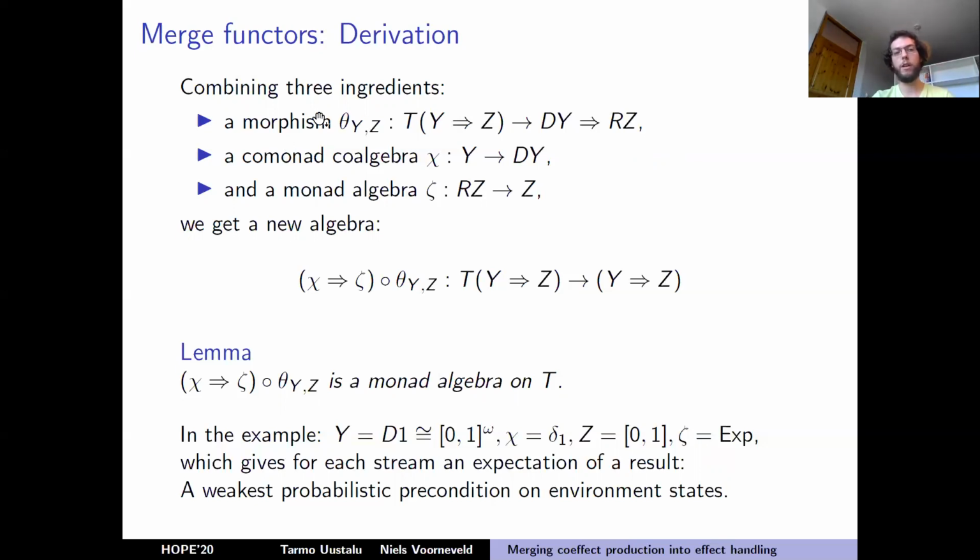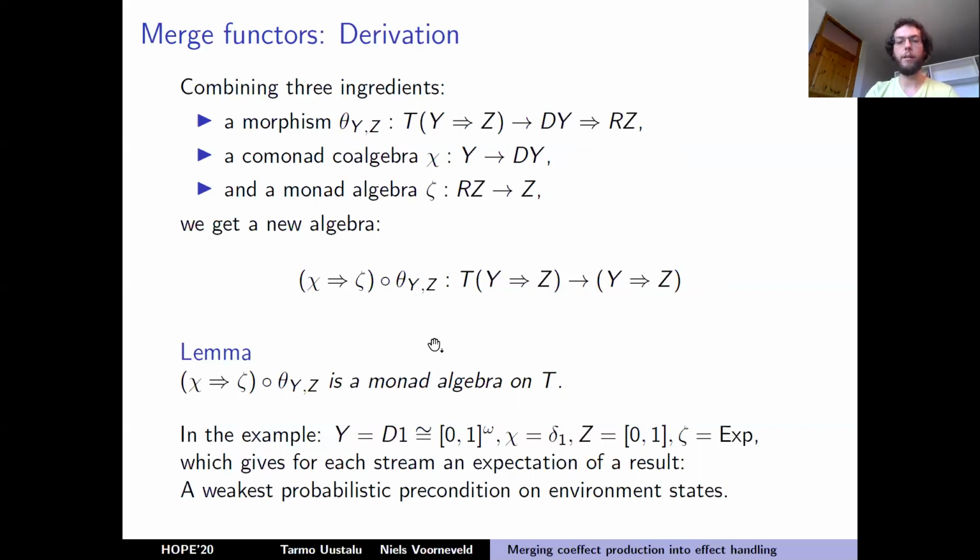So in this case, we have a specification of the interaction, and that then allows us to have a coeffect production morphism here, which is a coalgebra, and an effect handling for the residual effects here. And because this interaction law is of this nice form, we can do this composition, which gives us this algebra here. In fact, this interaction law composed with this gives us an algebra, a monad algebra on T, due to all the properties that all of these things satisfy.